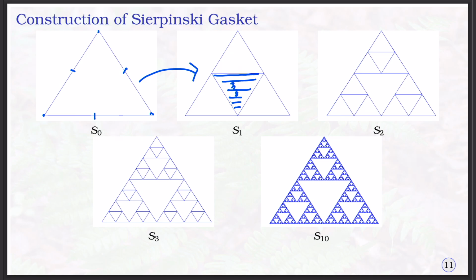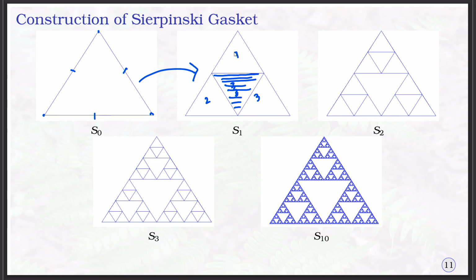While removing this interior triangle, we are not removing the boundaries, only removing the interior. So, here we have 3 triangles, 1, 2, 3, and the same process we are going to apply on these 3 triangles.